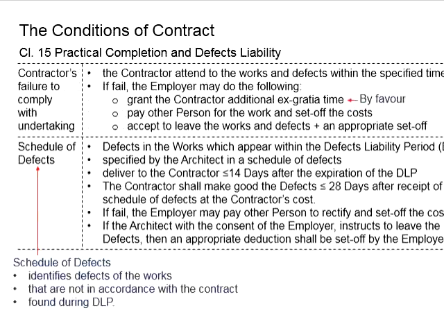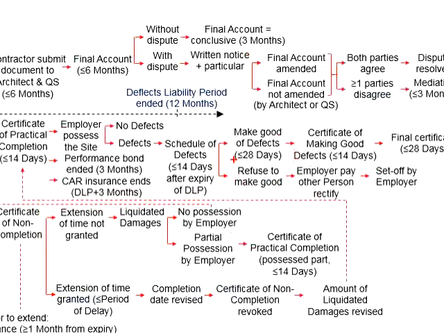So at the end of the day, if the contractor refuses to make good of those, the cost should be offset from the payments to the contractor, as this is the responsibility of the contractor. This is what is implied in this flowchart here. Now the contractor refused to make good of those defects.